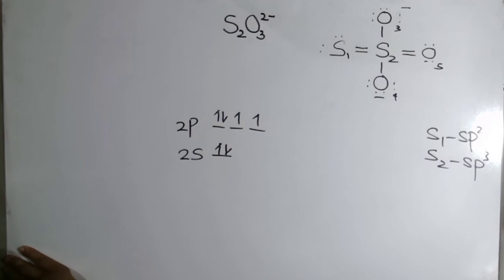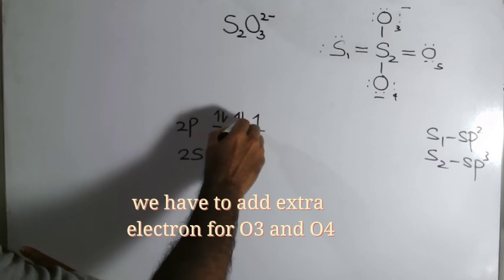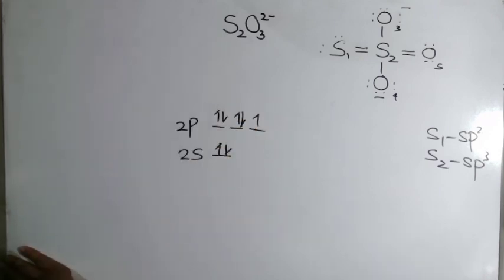When we consider oxygen numbers 4 and 3, we cannot directly use the ground state configuration because they are charged. They each have 1 negative charge, which means they have an extra electron each. So we have to add that electron, and then there are 3 lone pairs and 1 sigma bond. So we need 4 hybridized orbitals.